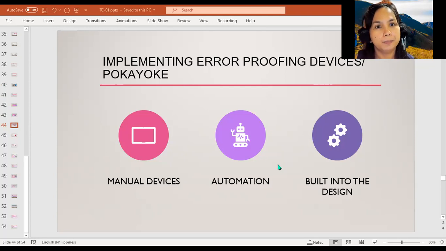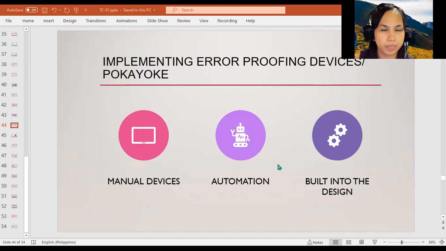So for example, perhaps we have a warning light installed to alert us when a defect is produced, which then helps prevent defects from being passed on. And then perhaps we can find an even better device that makes it impossible to produce a defect.